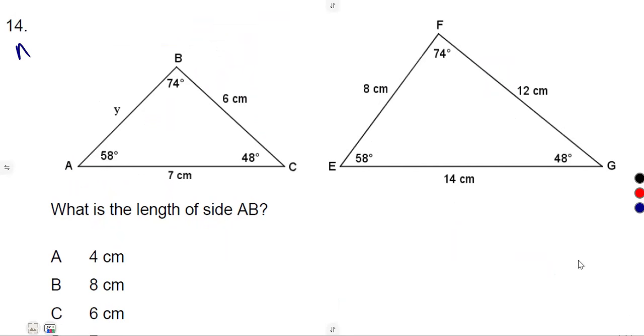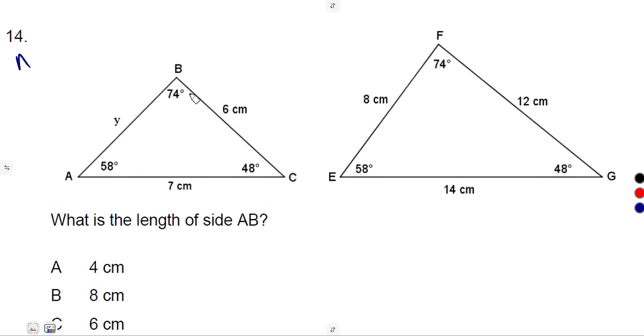On number 14, what is the length of the side AB? This is our AB. If we check, the angles are exactly the same: 74, 74, the 48 here, the 48 here, the 58 here, the 58 here.